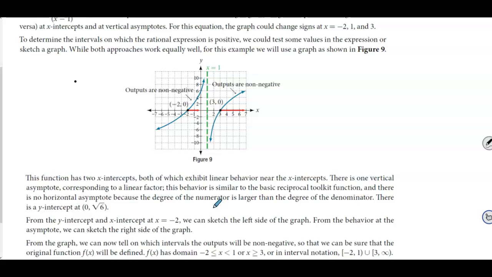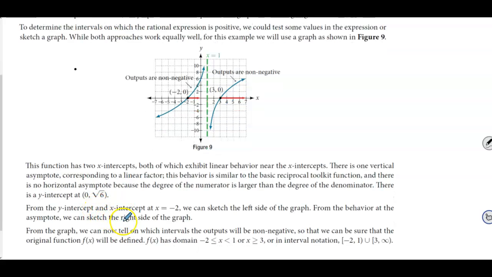There is one vertical asymptote corresponding to a linear factor, and this behavior is similar to the basic reciprocal toolkit function. There is no horizontal asymptote because the degree of the numerator is larger than the degree of the denominator, and there is a y-intercept at (0, square root of 6).